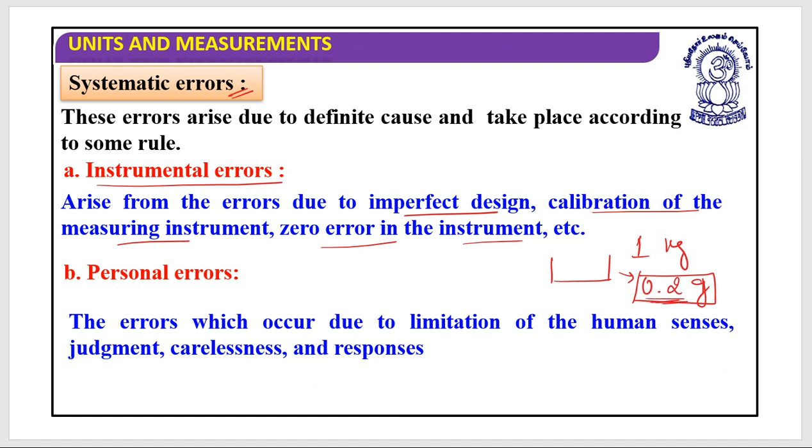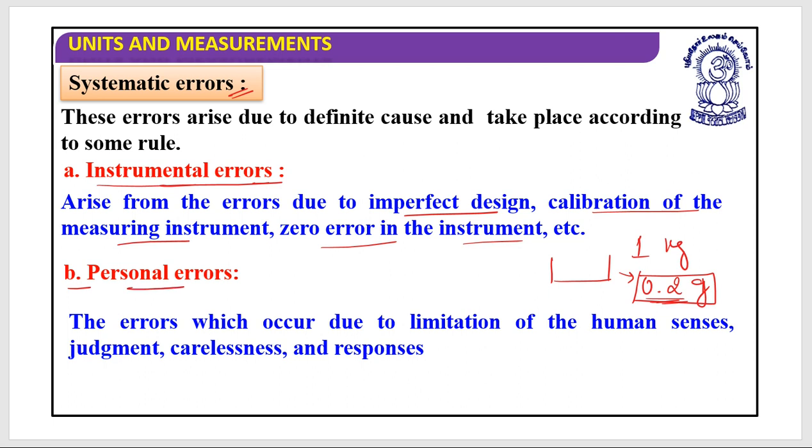This is what we can consider as an instrumental error. Understood? So whatever error arises due to difficulty in the instrument, the calibration, or the zero errors due to imperfect design, these are all instrumental errors.